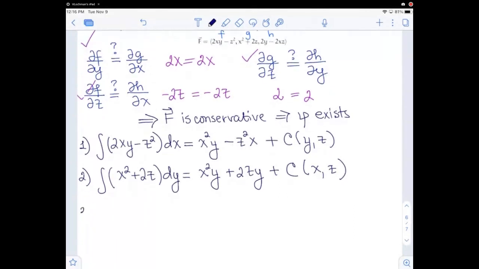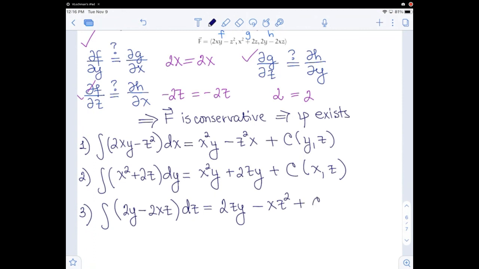And then the last part, we integrate 2y minus 2xz with respect to z. What do we get? 2zy minus x z squared plus a constant in terms of which 2 variables? Now we have x and y.